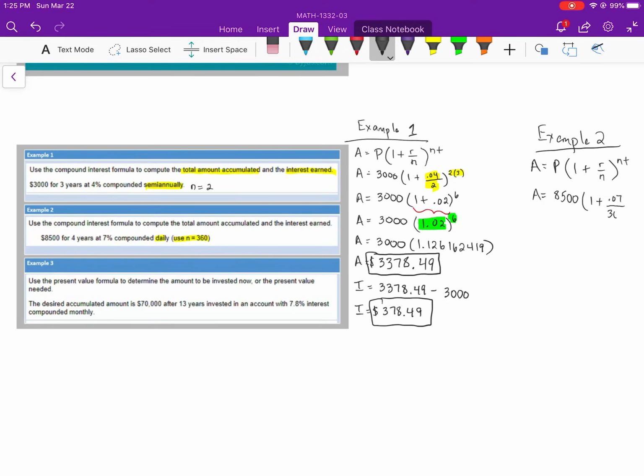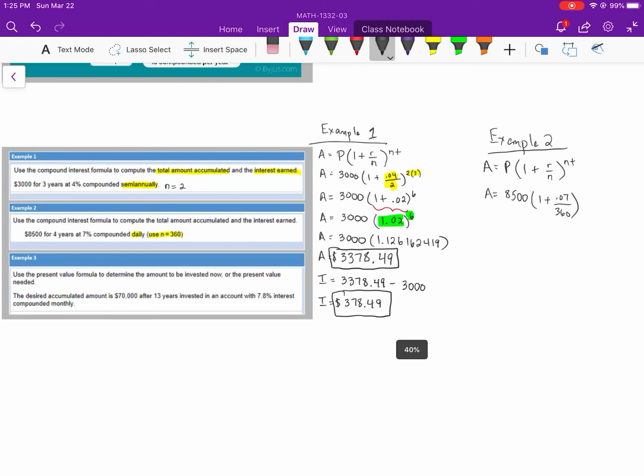But we're doing this daily, so it tells us n, we need to use 360. All right, and then we need to take that to the n times t power. n is 360. And my time happens to be 4 years.